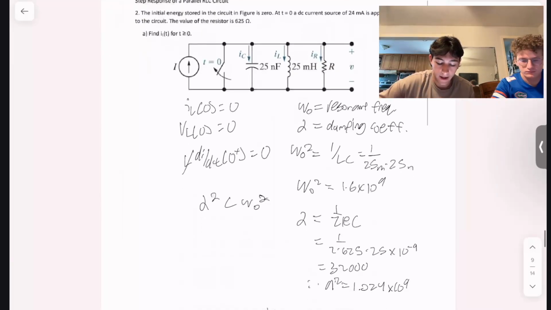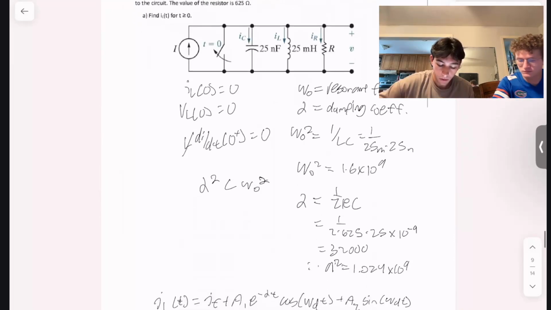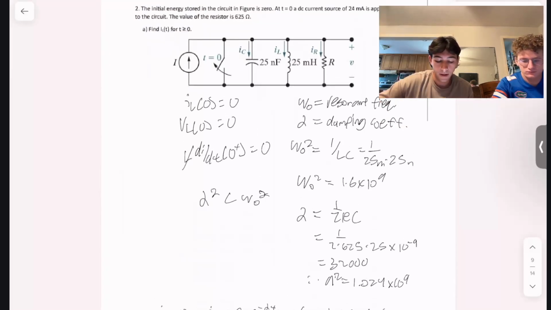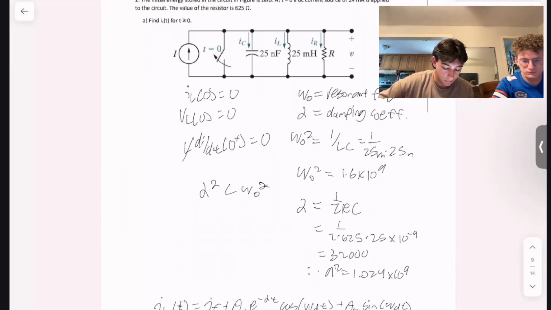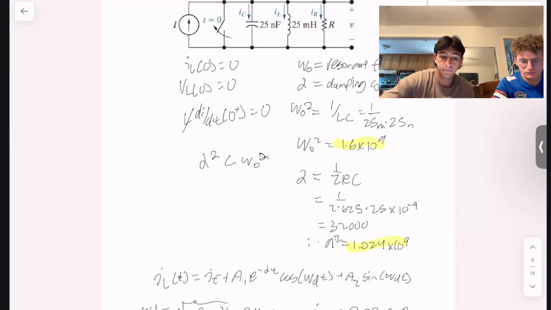After that, you'll find alpha. Alpha equals 1 over 2RC, which is equal to 32,000. Therefore, alpha squared is going to be equal to 1.024 times 10 to the 9. Because we know both of these values, omega 0 squared is greater than alpha squared. Therefore, we have an underdamped system.